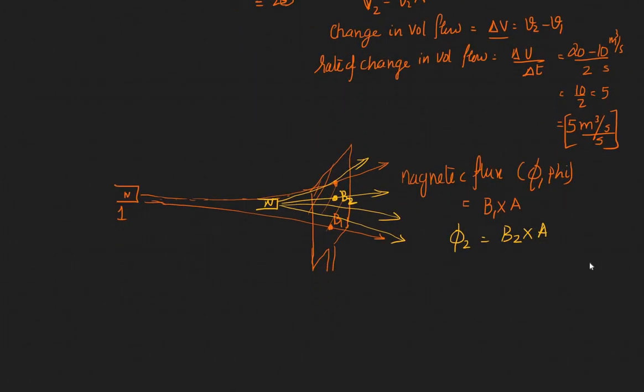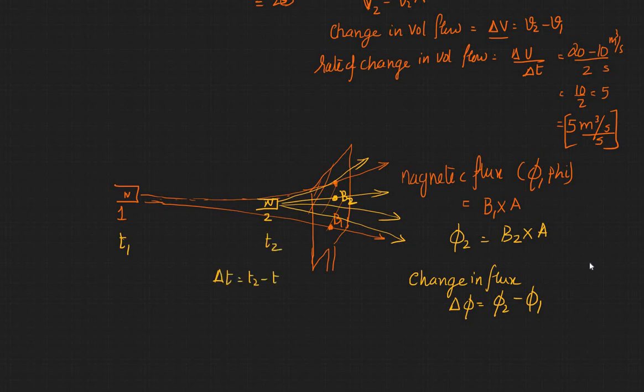And the change in flux is denoted by delta phi, and that is equal to phi 2 minus phi 1. The same as the volume flow rate, right? Let's assume that this change happened between time t1 and t2, so delta t is t2 minus t1.